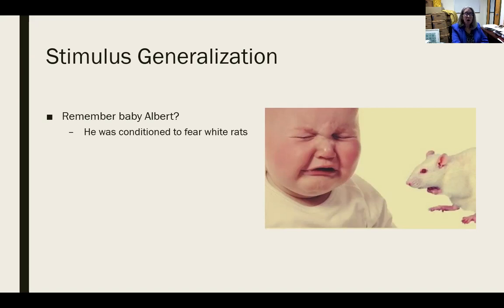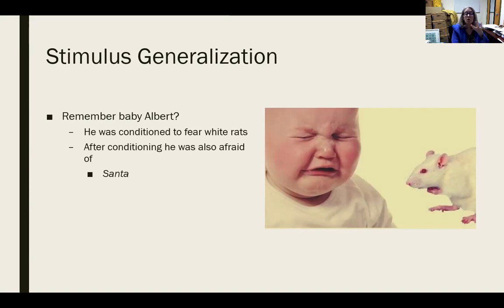But what they found, Watson and his colleague, was that not only was Little Albert afraid of white rats, but he had generalized this fear to stimuli that were similar to that CS, that were similar to white rats. So he was afraid of Santa. In other words, if you put a white beard on someone, he'd be afraid.